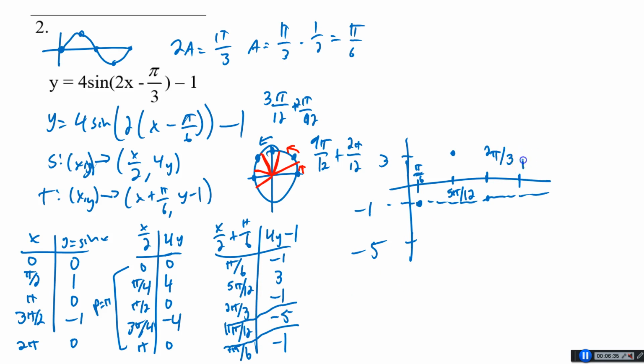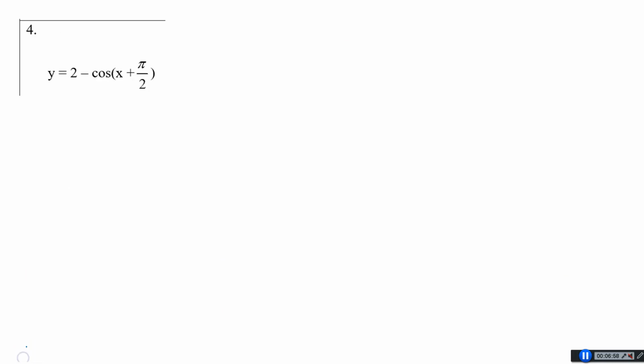Let's say about here. And then at 7 pi over 6, we are back up to our center line at negative 1. Now we just connect the dots. There we go. That's all I'm looking for. All right. 4 sine of 2x minus pi over 3, minus 1. There it is. One period. That's all I want.